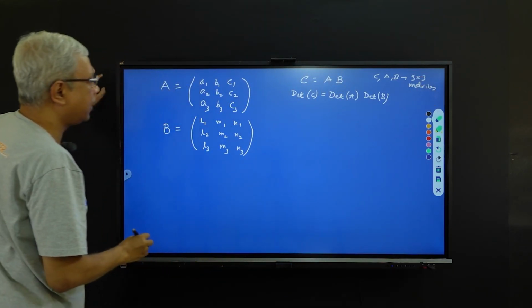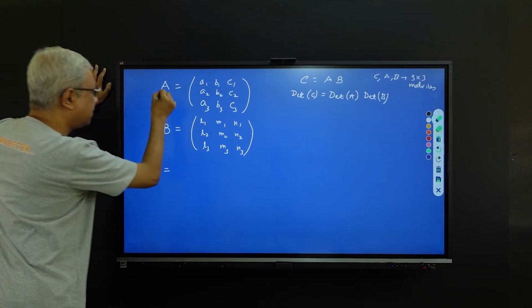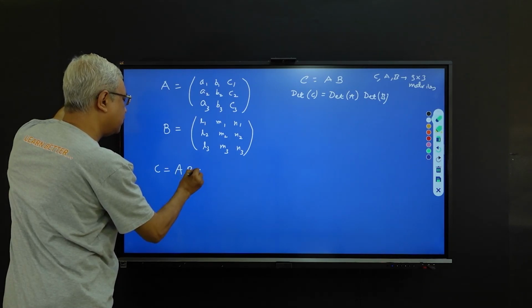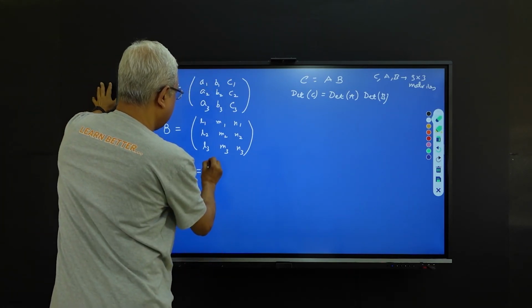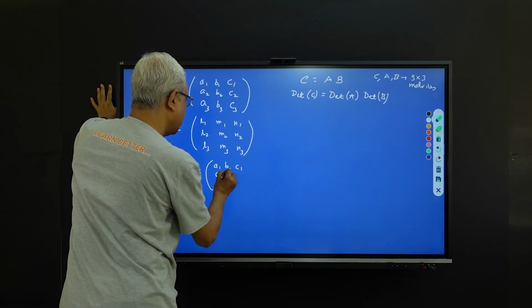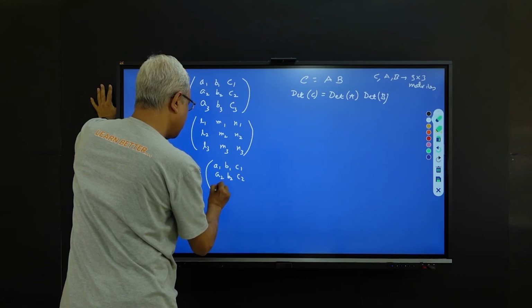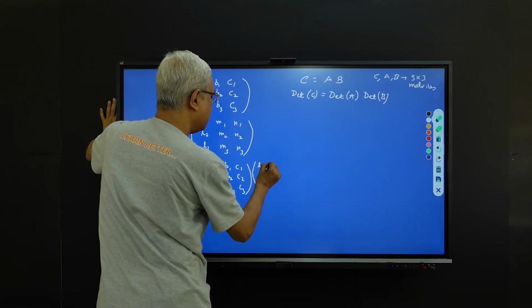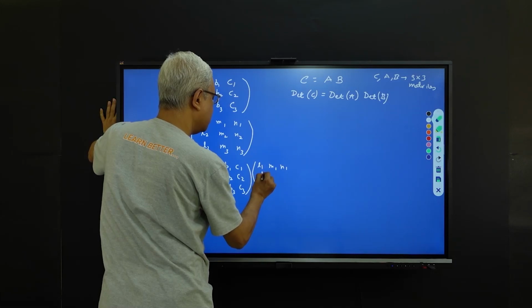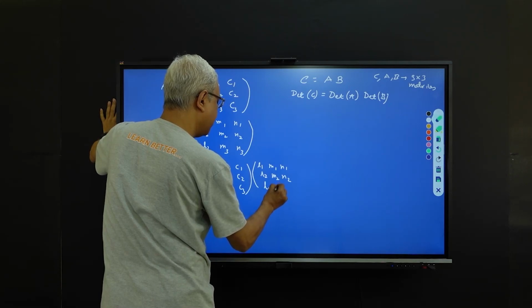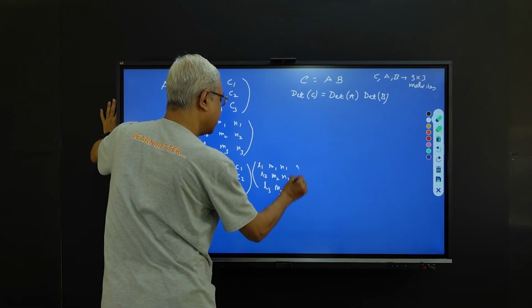Okay. Now A into B, matrix C, which is the product of these two matrices A and B, is actually what? A1, B1, C1, A2, B2, C2, A3, B3, C3 multiplied by the matrix L1, M1, N1, L2, M2, N2, L3, M3, N3.